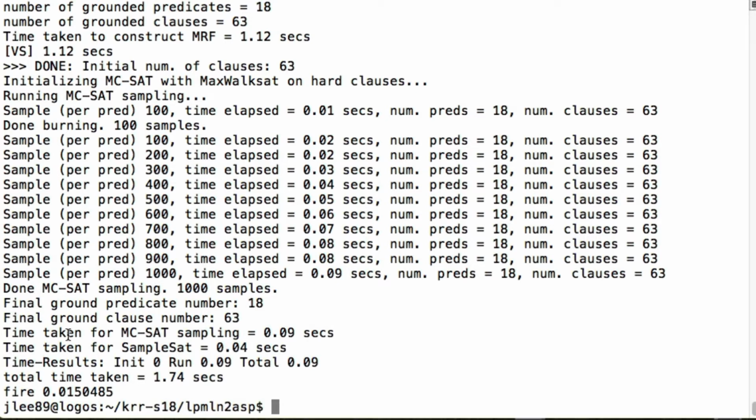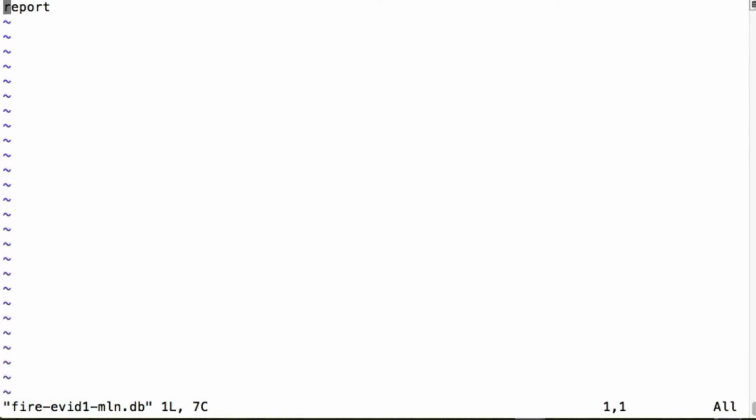You can also give different conditions, so let me try. In the database, we put the same database facts as in Alchemy, so we don't have to write this colon dash as in the input language of ASP. We can just write either a positive fact or a negative fact, which is an exclamation mark followed by the symbol.